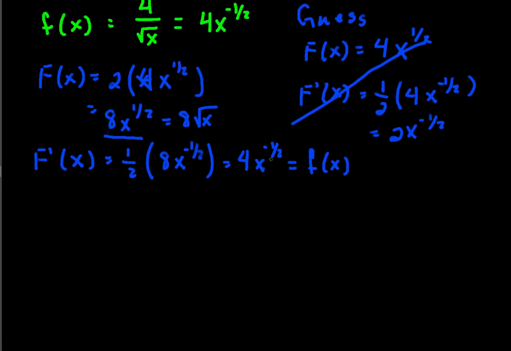Let's take a look at another example. So let's say that f of t is equal to t squared minus t to the negative 2. So I want to find an antiderivative for this function.